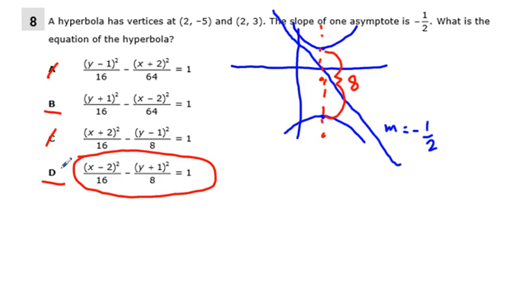So that's actually going to be, let's check this one out here. We're going to get a y minus 1. Yeah, let's check this one here.